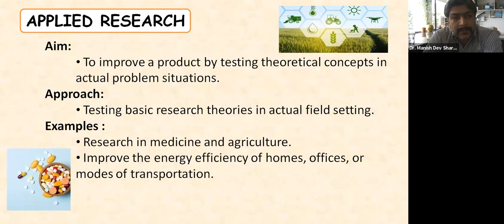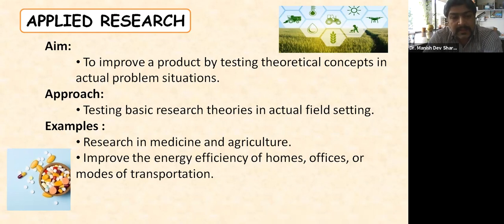Similarly, applied research is more applicable in medicine and agriculture. Nowadays, we are all suffering from a pandemic, COVID-19, so people are doing a lot of research in these specific areas. Day by day you find new problems, and after very little time you get the solution for that.